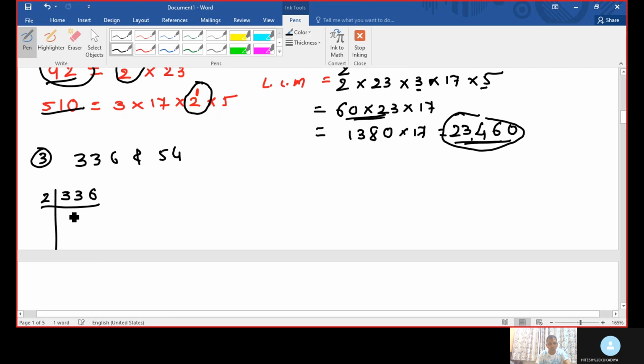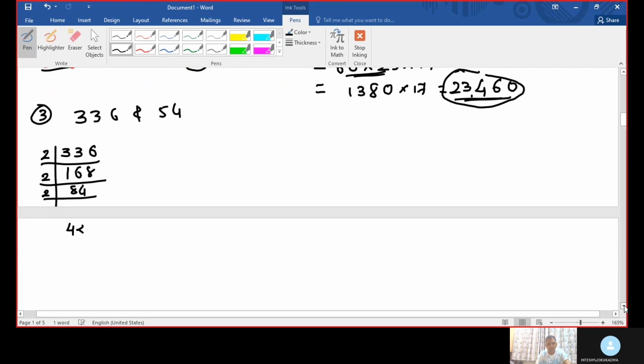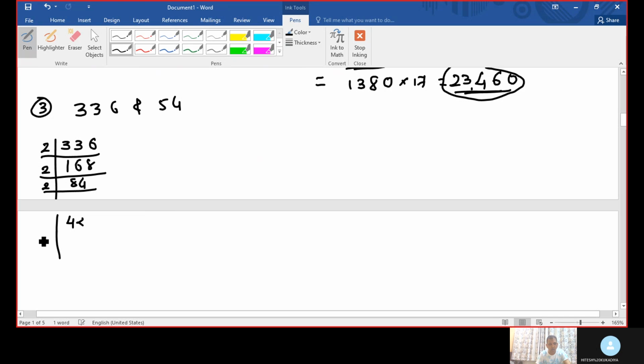First we divide by 2. 16 twos are 8 twos are 84, then 42, then 21. Now divide by 3, 7, 7, 1.